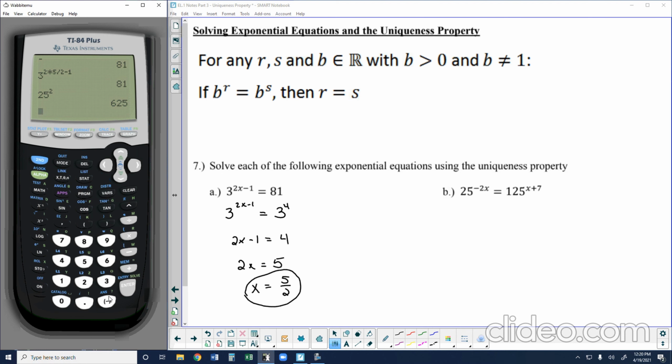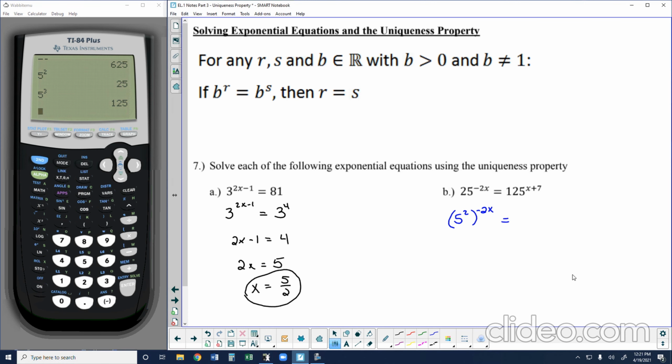What I may notice is that actually 25 is the square of 5. So 5 squared is 25. I could rewrite this as 5 squared, that's 25, to the negative 2x power. How that's helpful is that 5 cubed is 125.